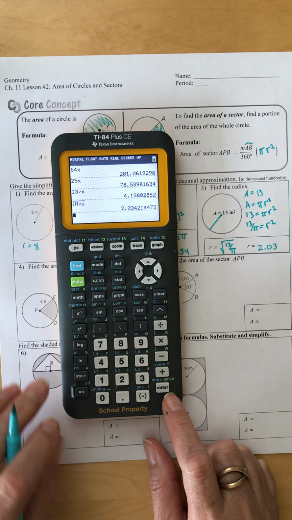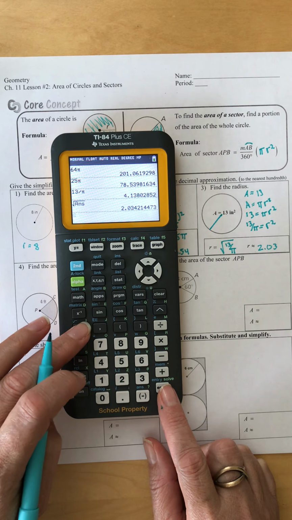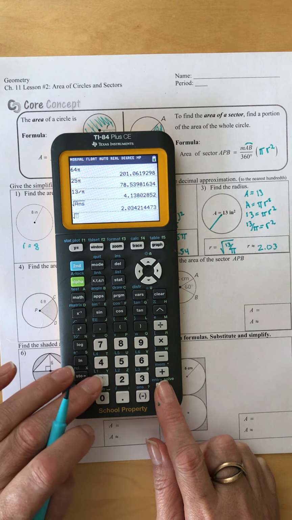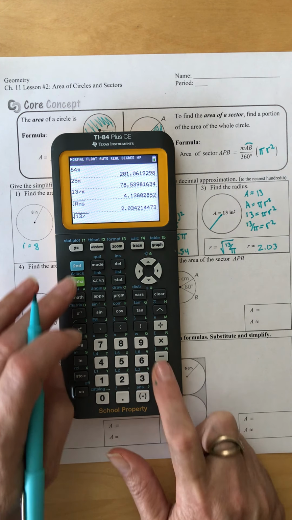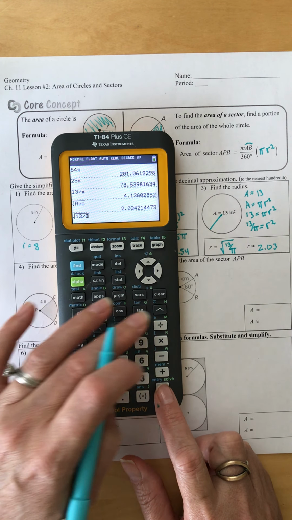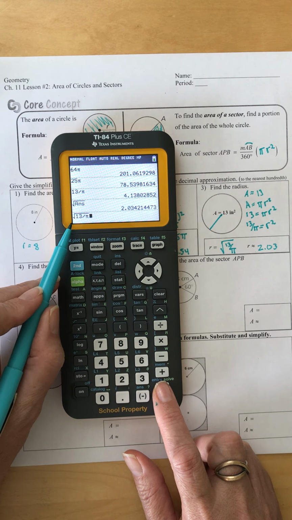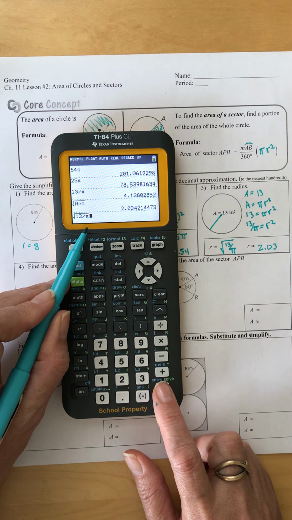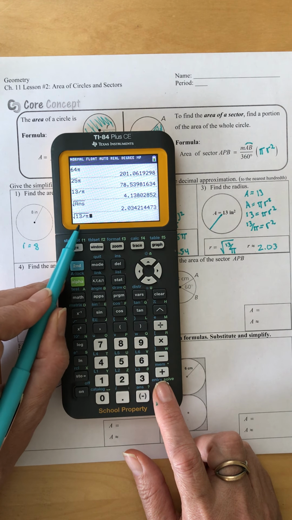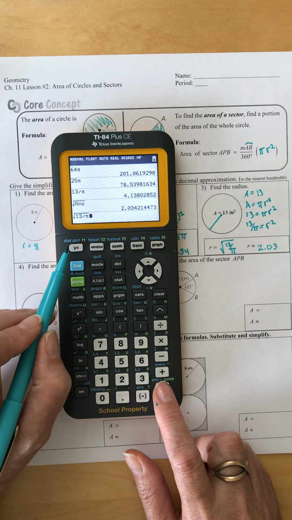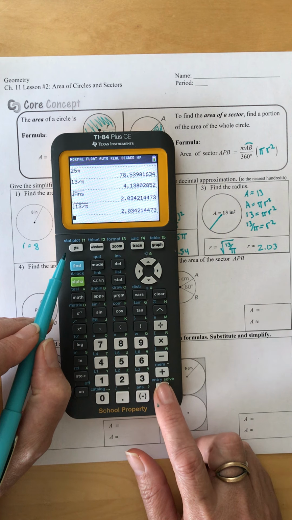You could try to do the calculation all at once by doing second square root 13 divided by pi. But you have to make sure that the 13 divided by pi is under the root, and your calculator might not be as sophisticated as this one, and you might need parentheses to do that. So you've got to be careful with that.